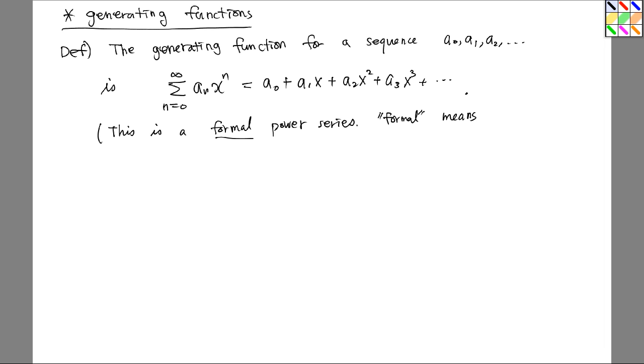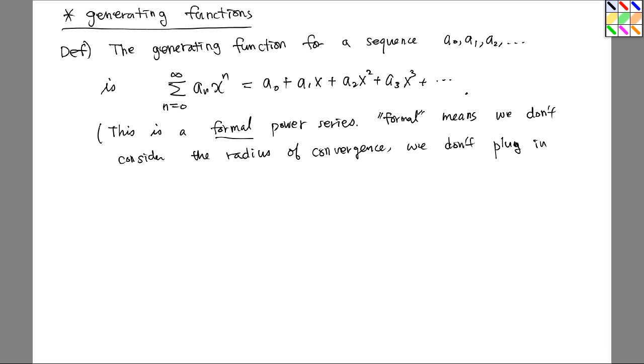unlike the power series that we learned in calculus, we don't consider the radius of convergence, we don't treat x as a number, and we don't plug in real numbers into x.